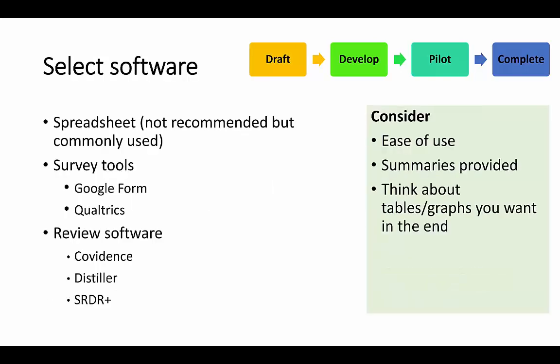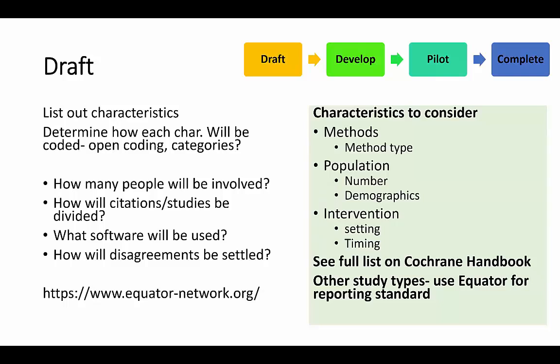So the Equator Network, oh, I thought I had a slide on the Equator Network. Sorry. The Equator Network is an online resource that keeps track of reporting standards. So let's say they're looking at just survey studies or observational studies, different types of studies.